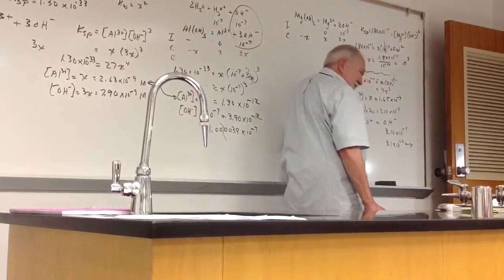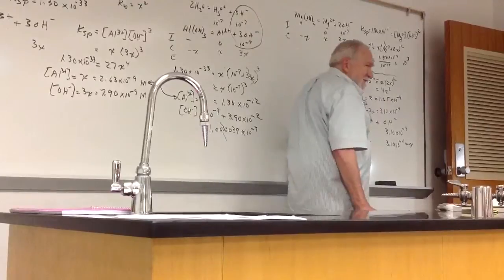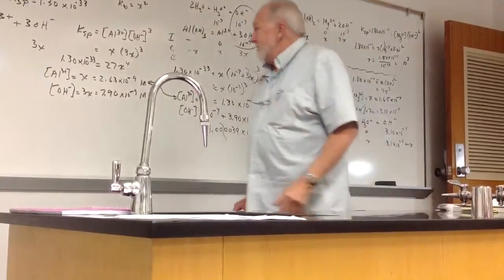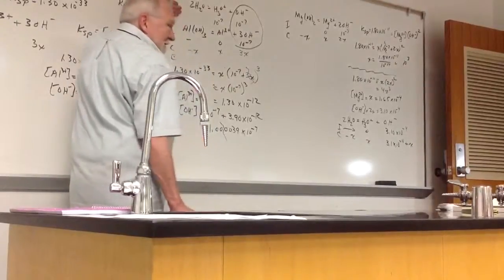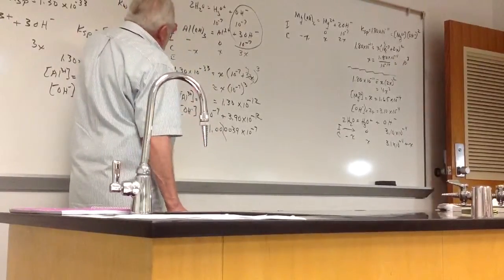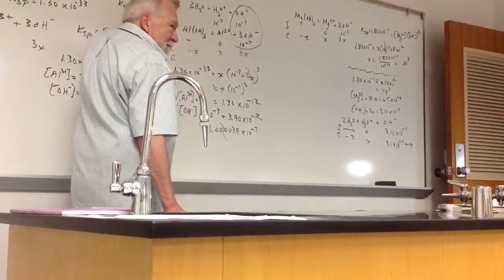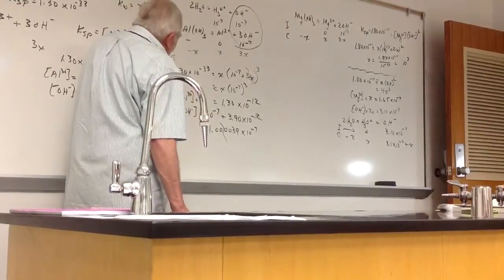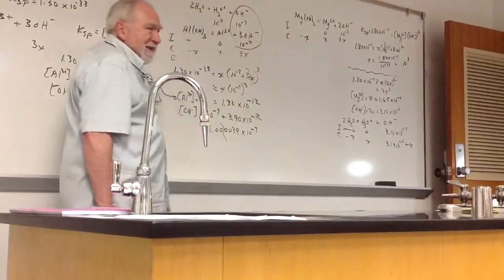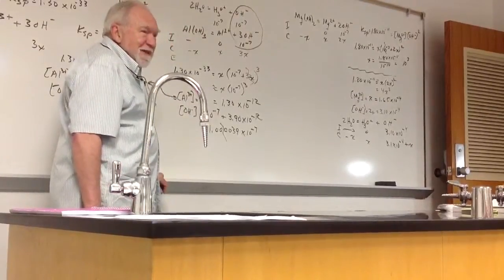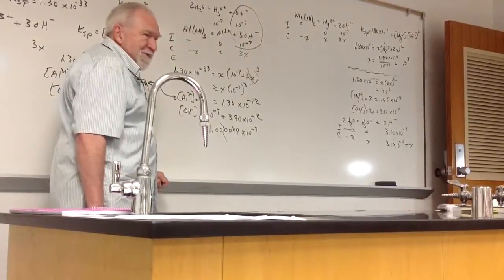Then I went back and looked at water. Over here, water was 10 to the minus 14 for the K. This one was 10 to the minus 33. This was much bigger, so I should talk about the water first and then talk about the aluminum hydroxide. You always do things with the biggest K first.